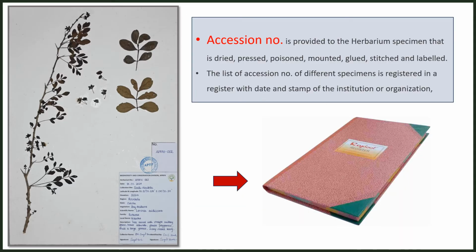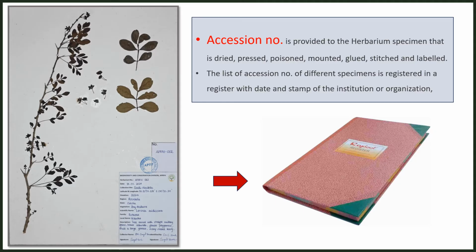Again, before that, about the label I mentioned, there should be a voucher number, and that should be attached to the mounting sheet. But again, there is an accession number. So what is this accession number? It is in a register.